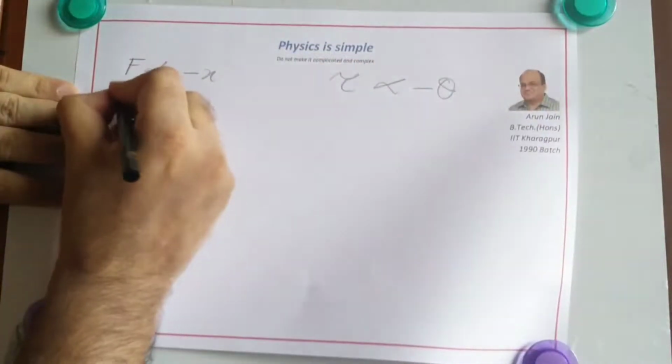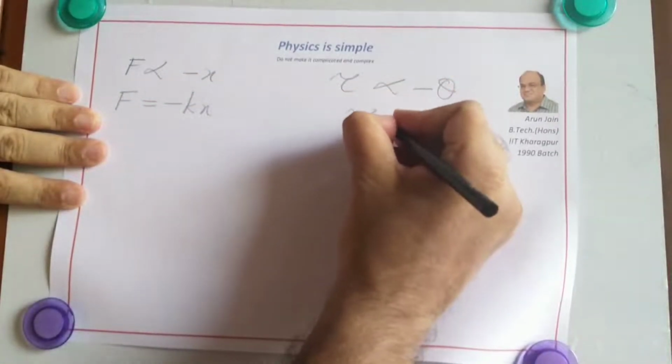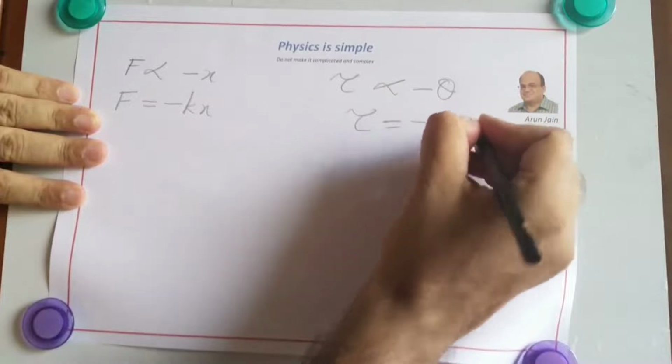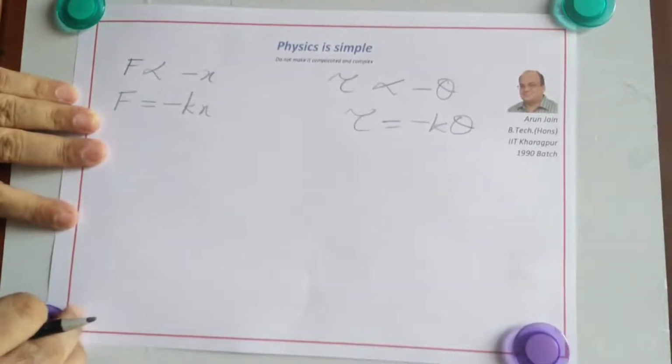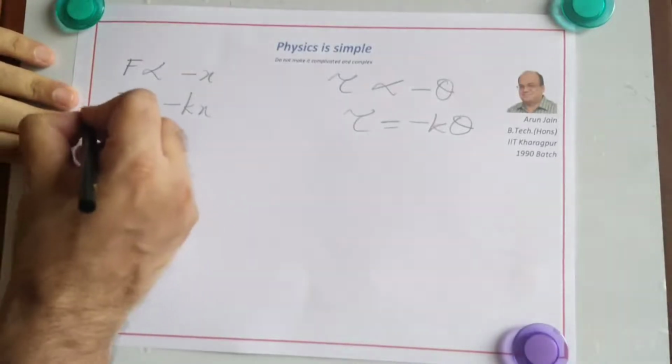So F becomes minus kx and torque becomes minus k theta. Once we have got force and torque, now we can calculate acceleration in the next step. So that we can call it step 5.